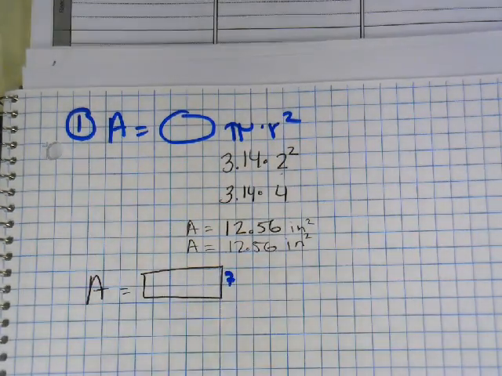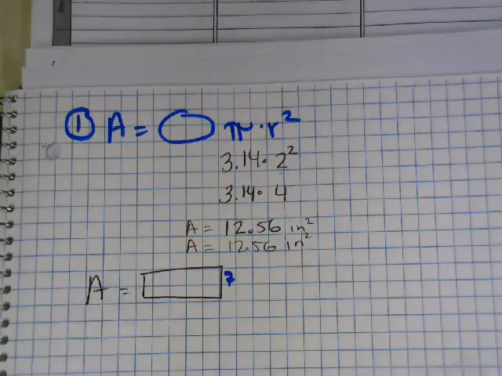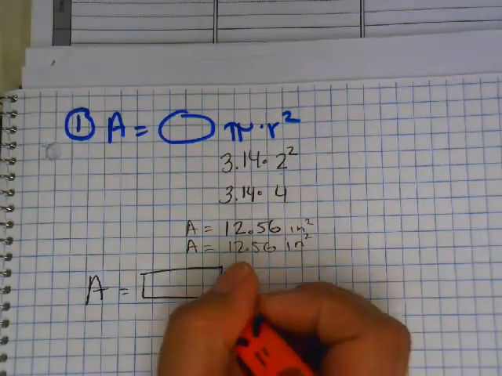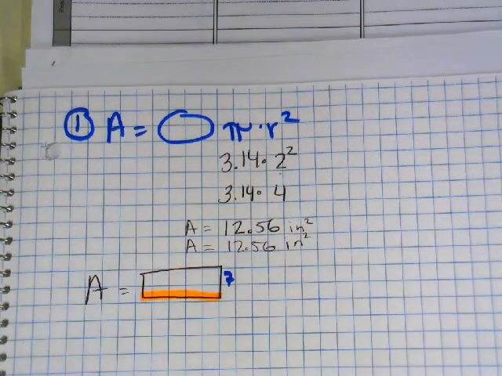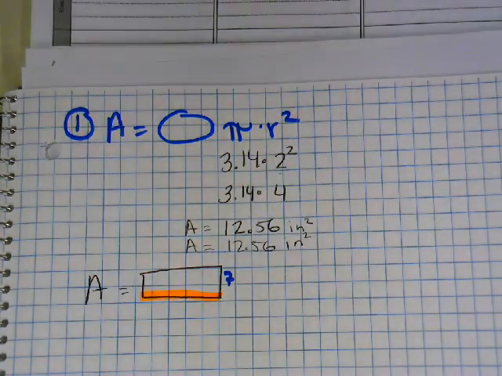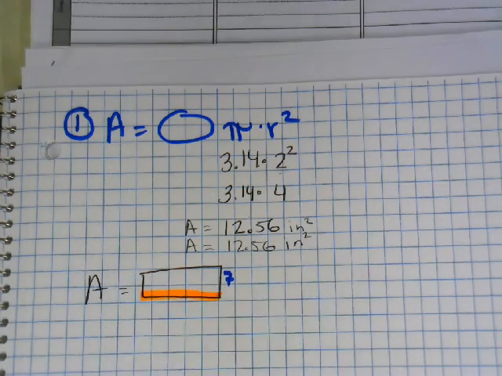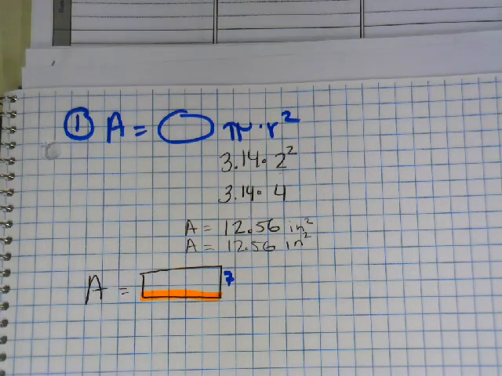Now, to find this part of your cylinder, what do I do to find that part of my cylinder? What did we do in the other 2 examples? Find the circumference. Very good. So how do I find the circumference?